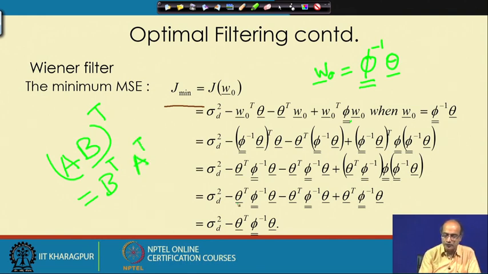Okay. So, we make use of that. There is no change in phi or phi inverse, because phi is a symmetric kind of matrix. So, here the transpose does not make any difference.